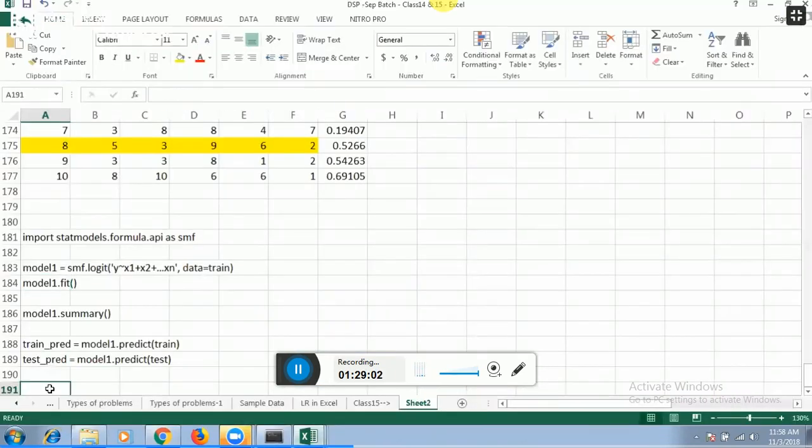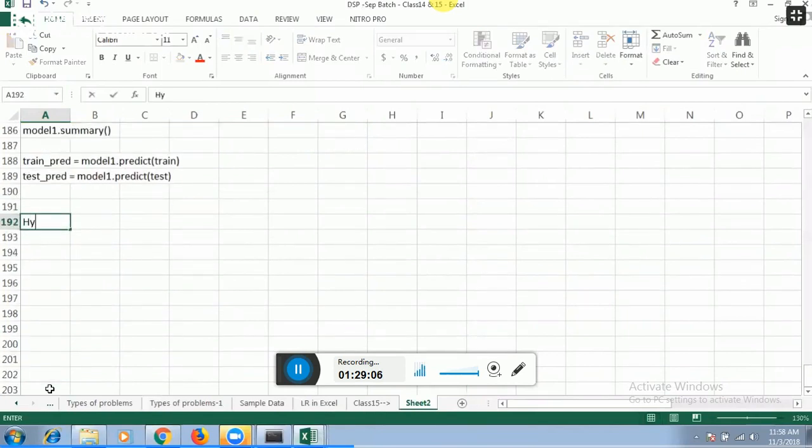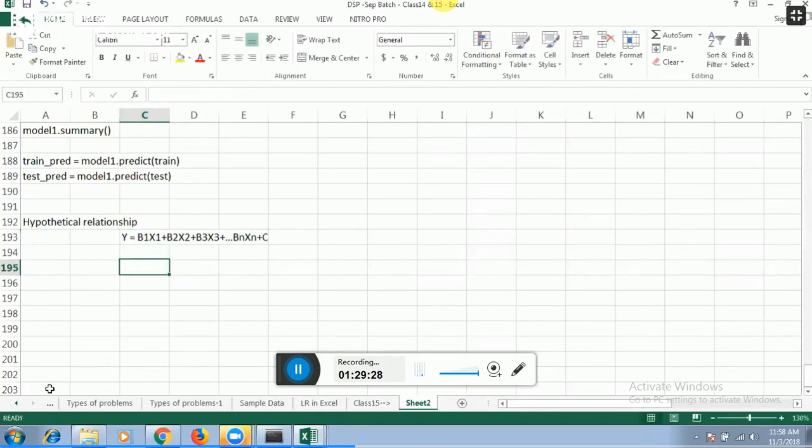The first thing you need to have is your hypothetical relationship: Y equal to beta 1 x1 plus beta 2 x2 plus beta 3 x3 and so on, beta n xn plus constant. In our case, what is our model?